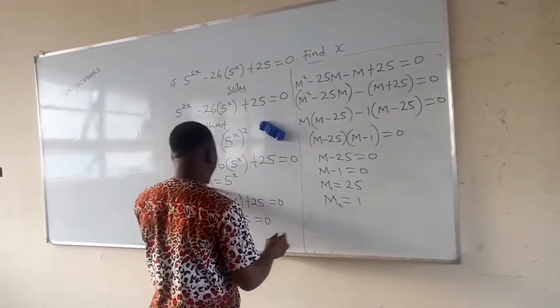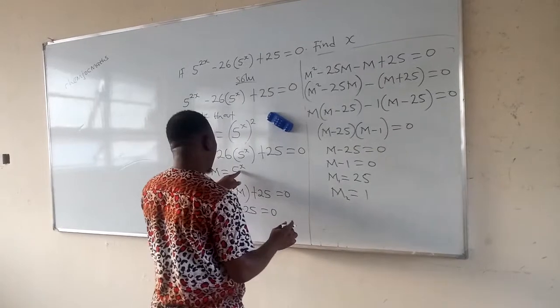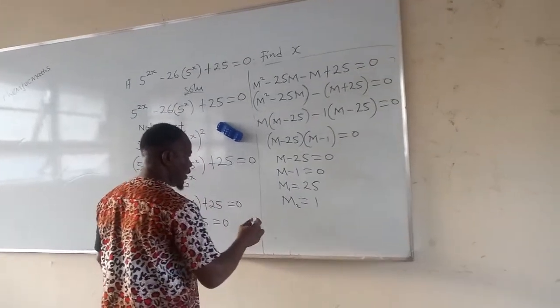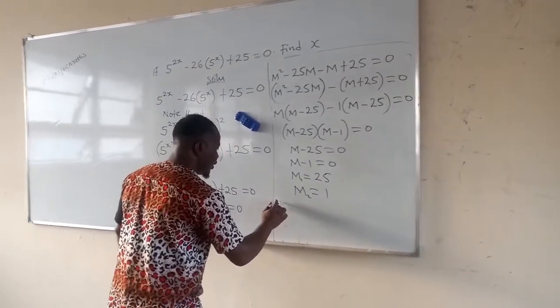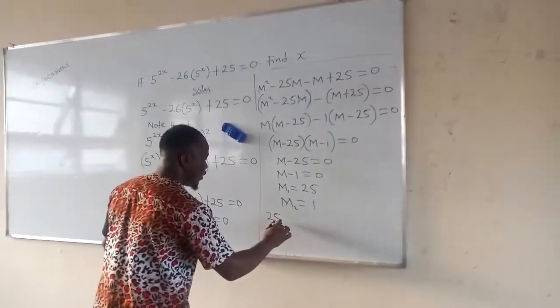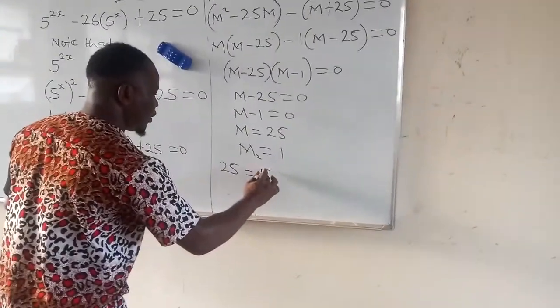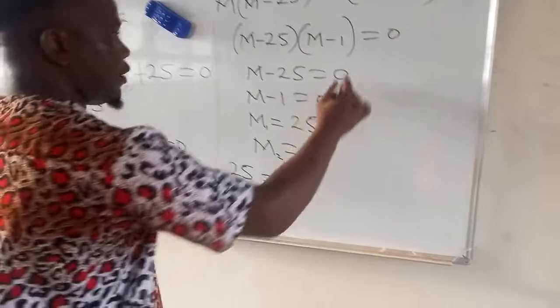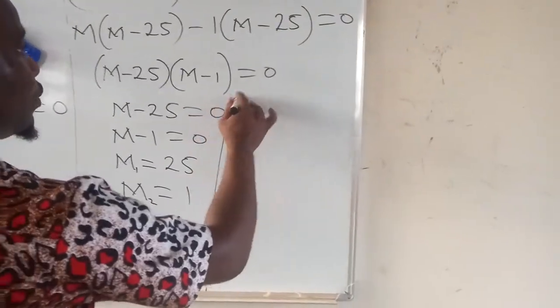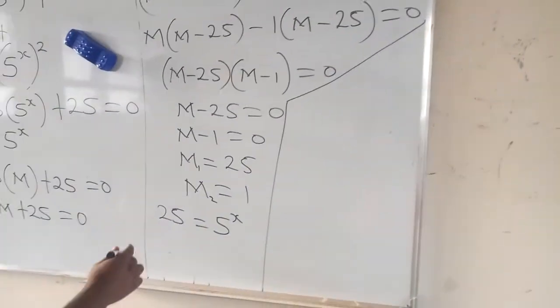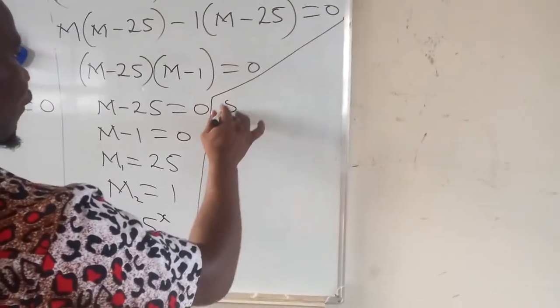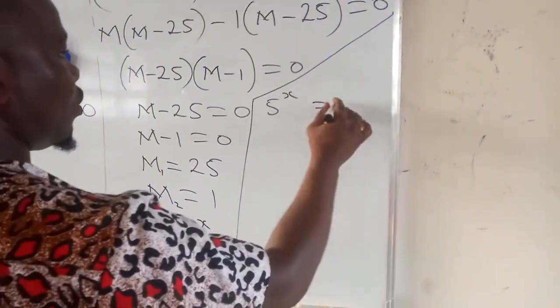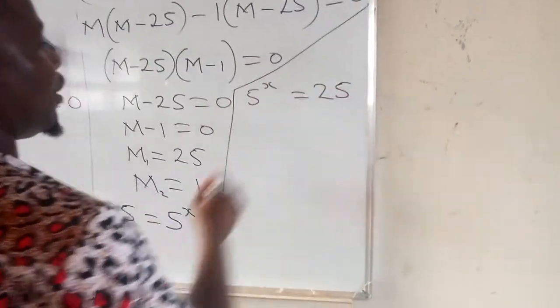So instead of this m, we are going to equate it to 5 raised to the power of x. So this is 25 equals 5 raised to the power of what? x. So if you agree with me, this is the same thing as 5 raised to the power x equals 25.